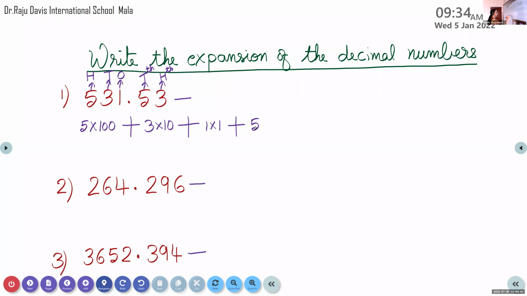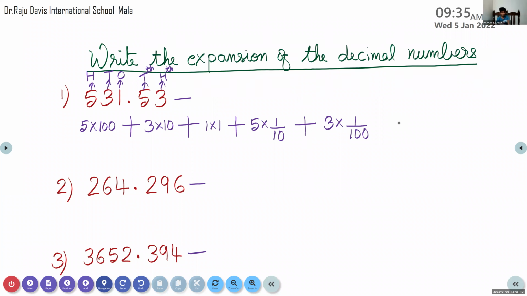Since it is in the tenth place, it will be a fraction, 5 into 1 by 10, plus 3 into 1 by 100. Good, good, Adar. So this is the expansion. Have you all written? Yes.